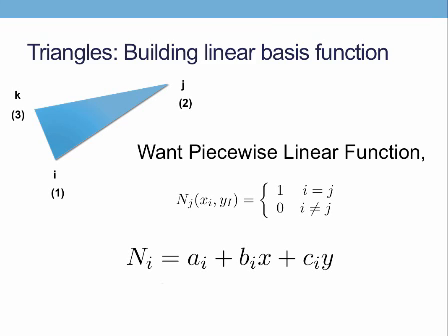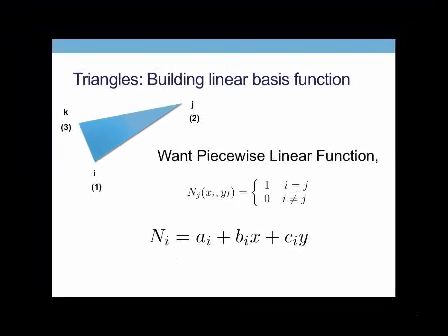And furthermore, because we want a linear polynomial, our basis function will have the form n sub i is equal to a sub i plus b sub i x plus c sub i y. So let's go now to our whiteboard and derive the full expression for the basis functions.